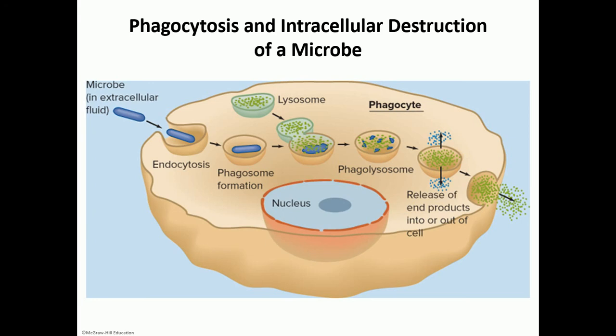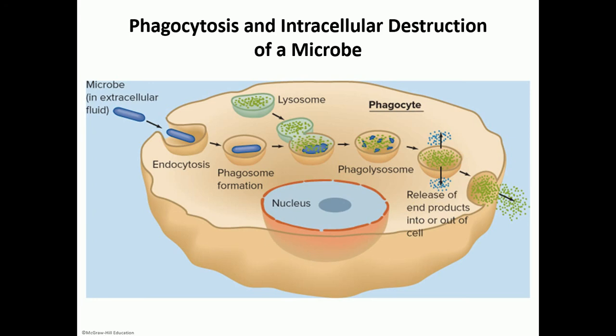When that cell is inside of the blood vessel, we call it a monocyte. When it leaves the blood vessel and is in the tissue, it is called a macrophage. Both are highly phagocytic cells. Neutrophils, as we said, are your first responders, and they are highly phagocytic as well. So your phagocytic cells are the M&Ms: monocytes, neutrophils, and macrophages.